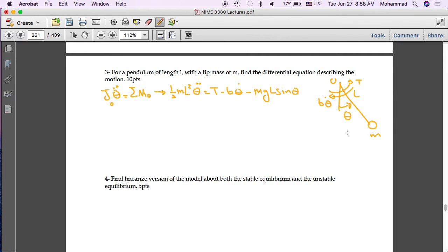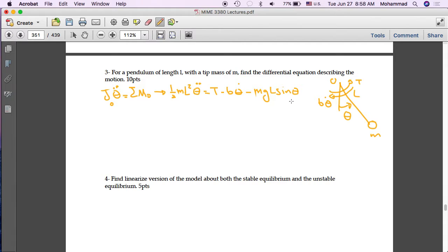So mg times the moment arm. The moment arm is this distance, perpendicular to the vertical direction. So it's L times sine theta. So minus mg, which is the force, times L sine theta, which is the moment arm, would give you that moment created by the weight.